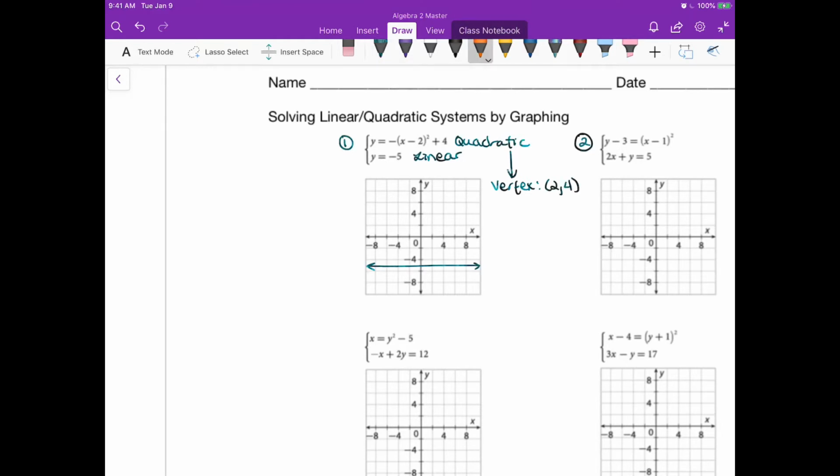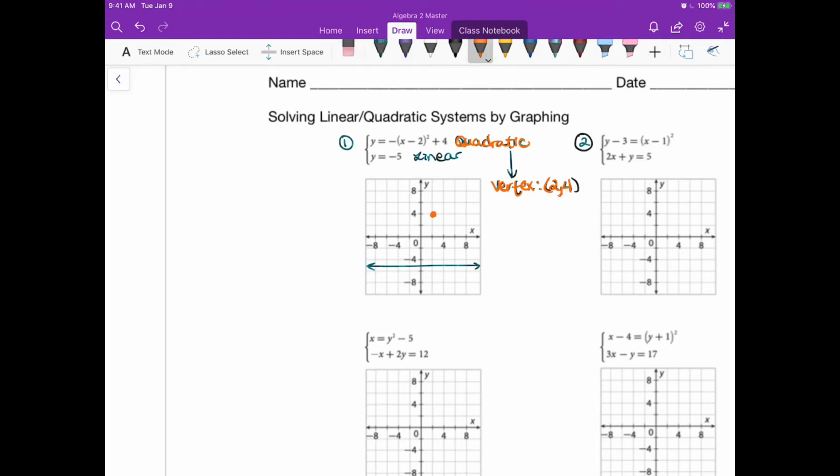So let's do that in orange. (2, 4) is the vertex for the quadratic equation. So (2, 4) right here.